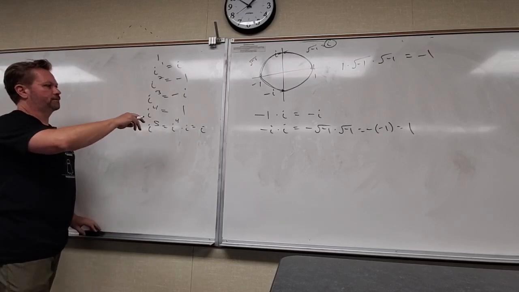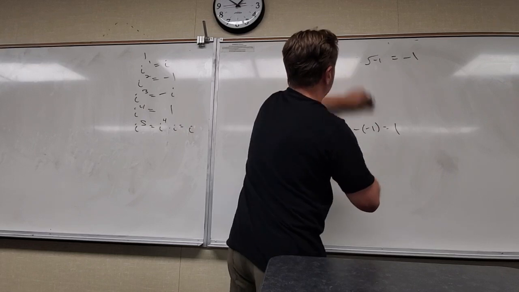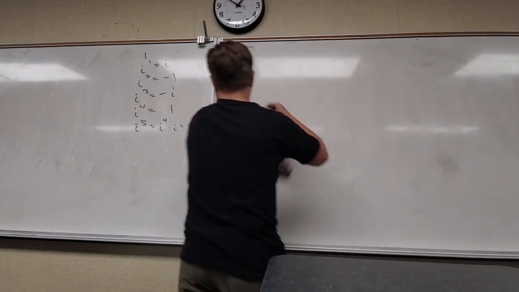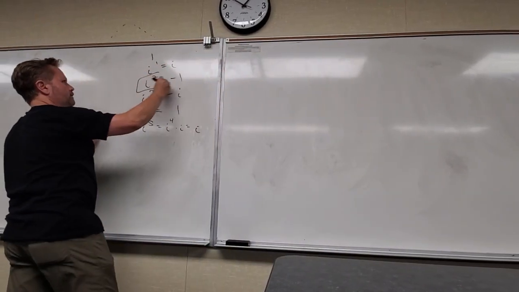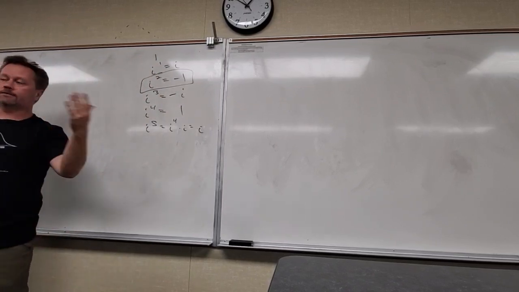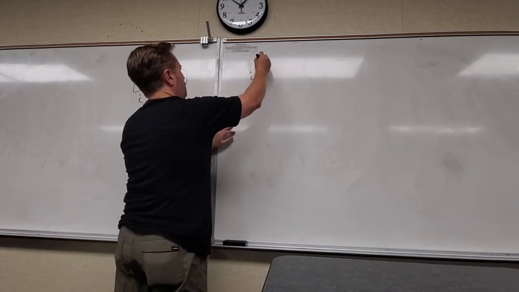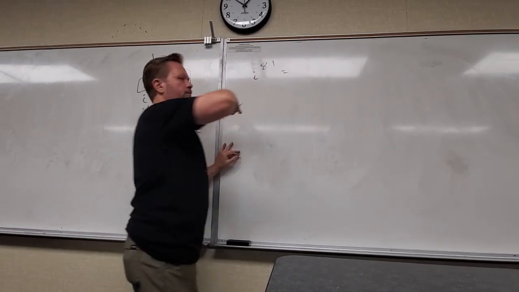So, real quick, this is not as important, but you will see problems like this. The most important thing is actually this, besides just the definition of i. But real quick, can somebody figure out what is i to the 81st power?